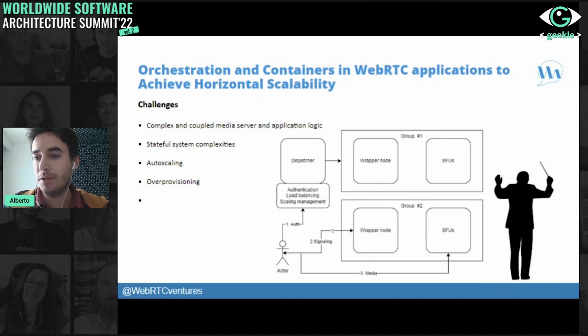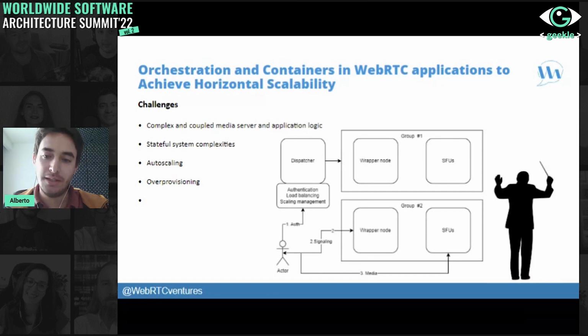How this would work, for example, is I authenticate, I get a URL that redirects me to a specific group, and then I will start doing the signaling to that specific group. In this diagram it is group number 2.